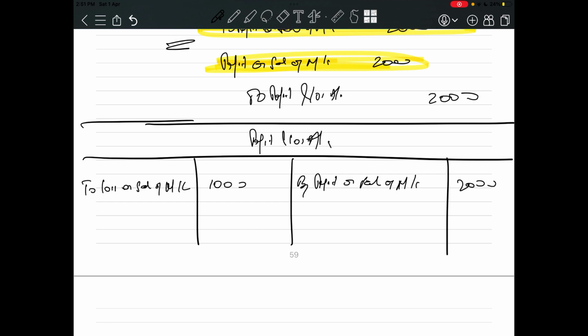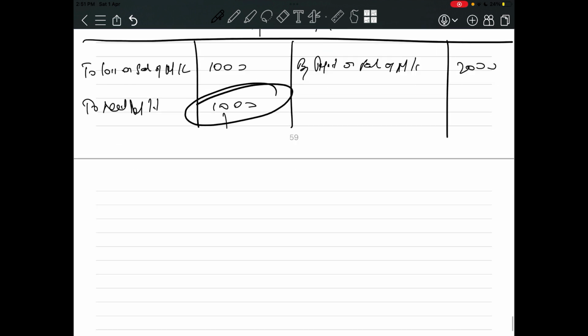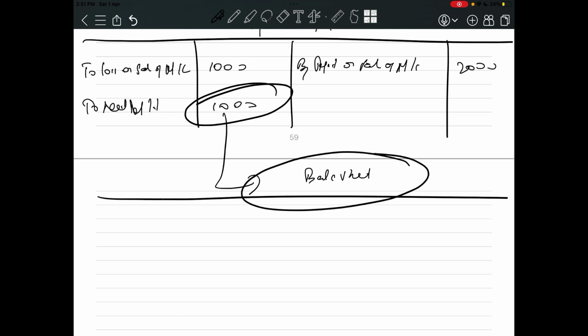Simple. And if there is no other item, what will be your net profit? Your net profit will be 1,000. Now this net profit will be transferred to the balance sheet. This is a completely different concept, we will cover it later on.